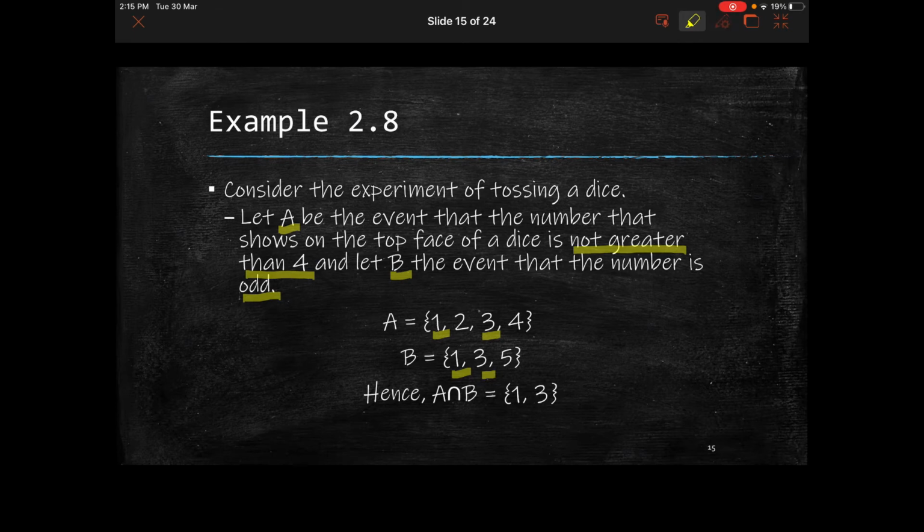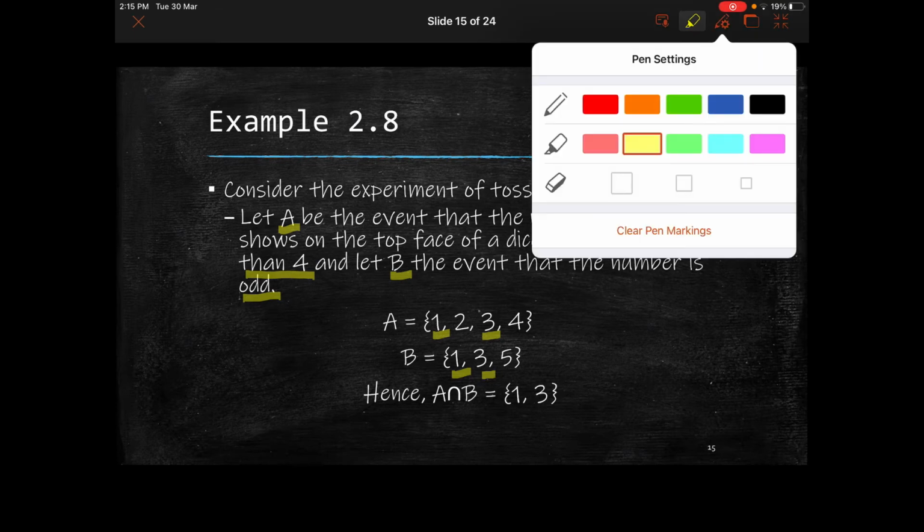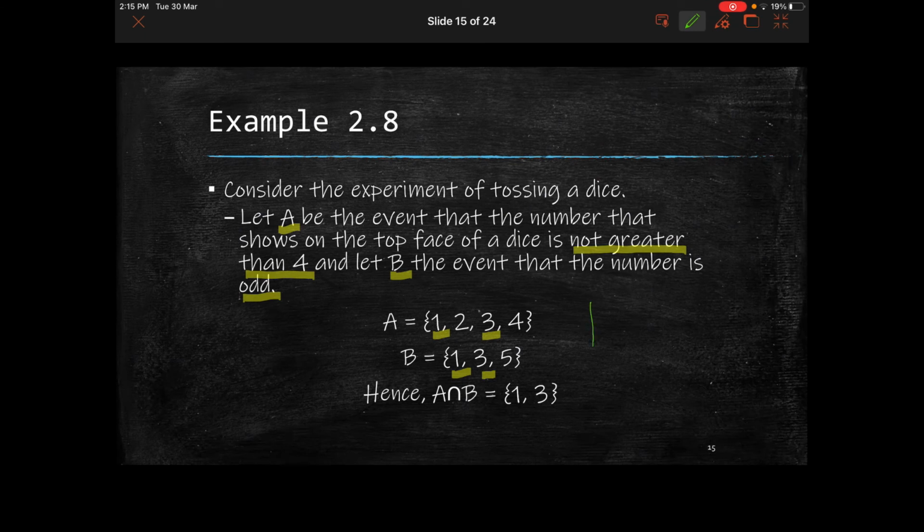If we try to draw, we have a sample space, and then we have A intersection with B, and inside here is 1 and 3.